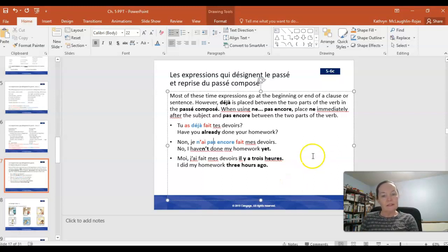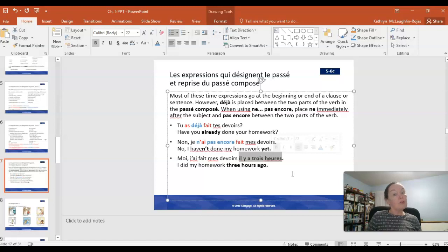And then finally, if I have an expression like il y a 3 heures, I'm just tacking that on to the end of my sentence. So most of these expressions are going to come at the beginning or end of a sentence. Déjà and ne pas encore are the only ones that kind of surround that, or kind of get placed in the middle of that conjugated verb. So, j'ai fait mes devoirs il y a 3 heures.